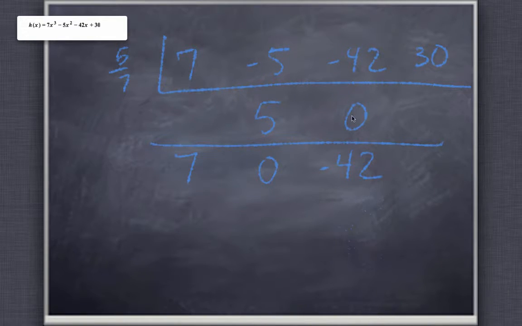Negative 42, so I'm just adding every time because we already took care of the negative by the fact that this is x minus 5/7, and we're making it positive. So that's the subtracting part of the division. Negative 42 times 5/7 is negative 6 times 5, negative 30, 0.